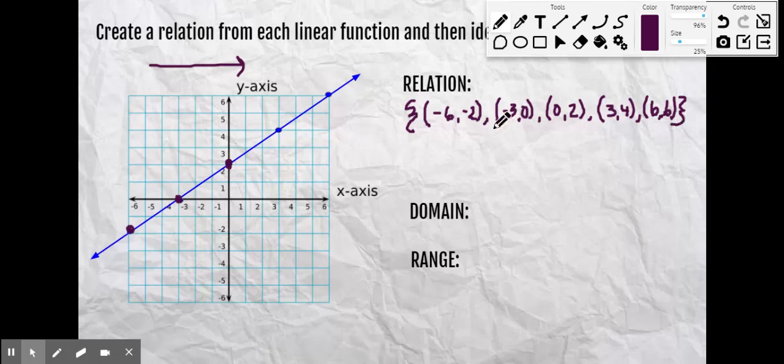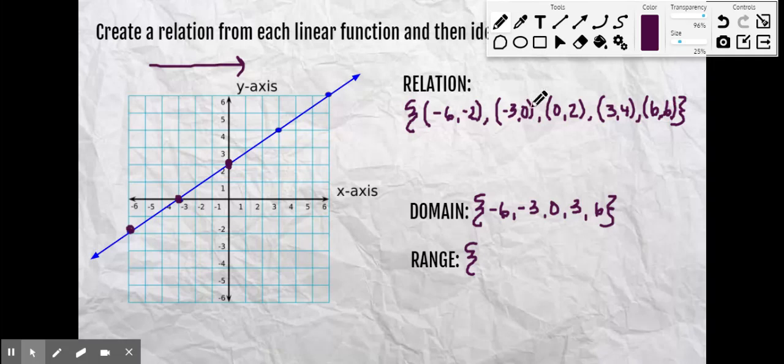Close it. Start separating: -6, -3, 0, 3, 6. Again, once I read this from left to right, my domain values are automatically in numerical order. And now my y values listed in set notation: -2, 0, 2, 4, 6.